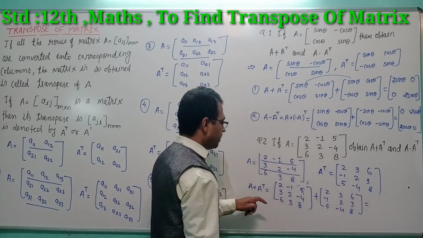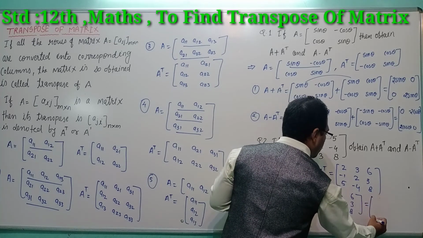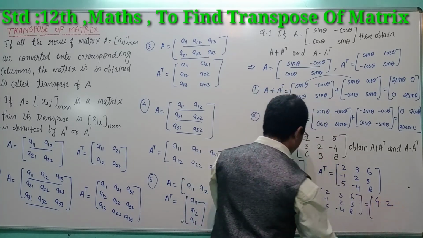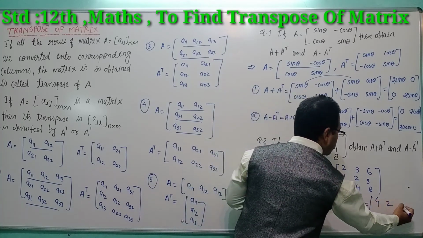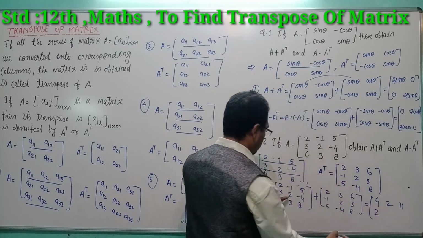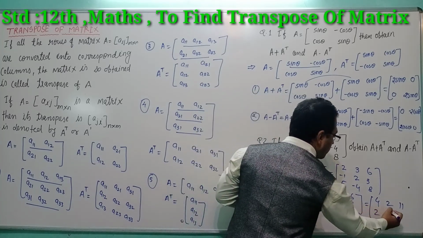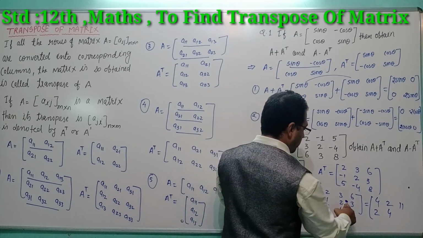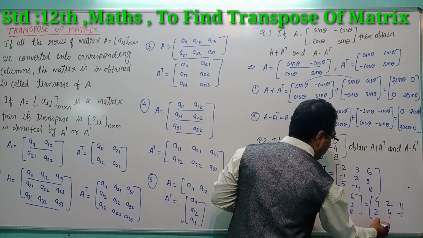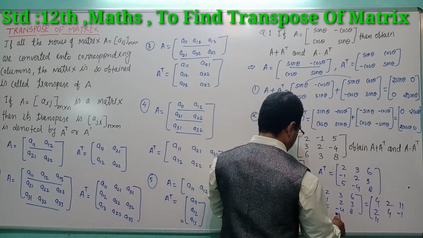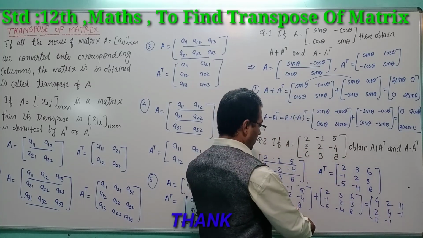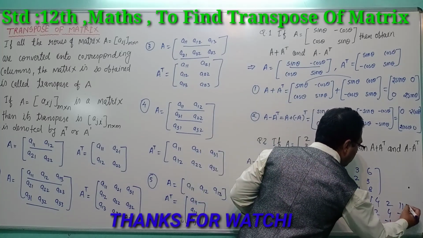Right? So 2 plus 2, 4. Minus 1 plus 3, 2. 5 plus 6, 11. 3 minus 1, 2. 2 plus 2, 4. Minus 4 plus 3, minus 1. 6 plus 5, 11. 3 plus minus 4, minus 1. 8 plus 8, 16.